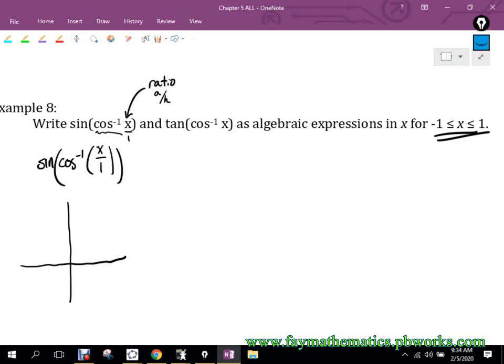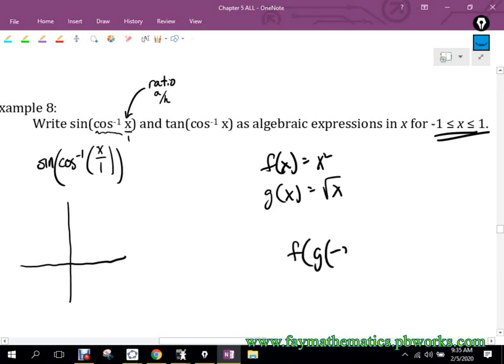If you remember back to composite functions, we talked about how in order to work a composite function, I have to have in my innermost function a domain that exists. So for instance, if I had f of x equal to x squared, and g of x equal to root x, and I ask you to find f of g of -3, well, that means I have to go to g and plug in -3 right there, right?